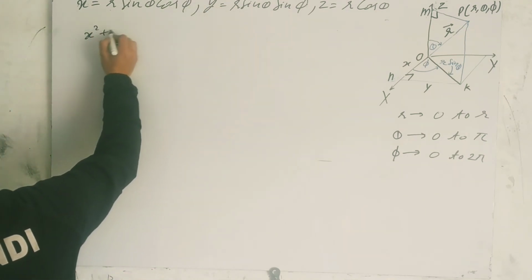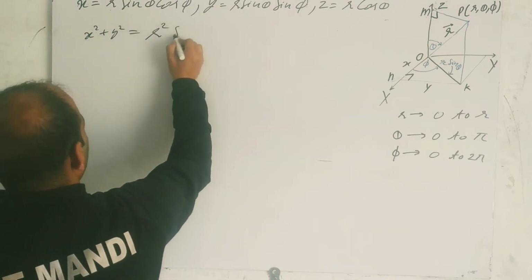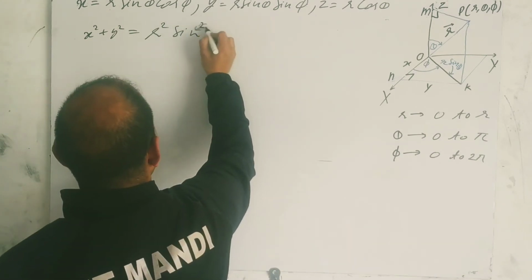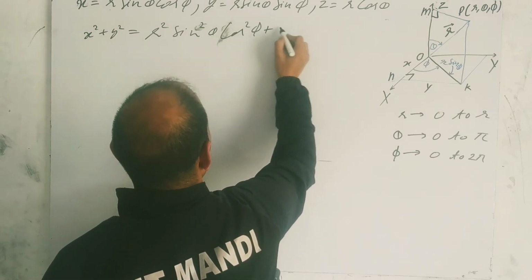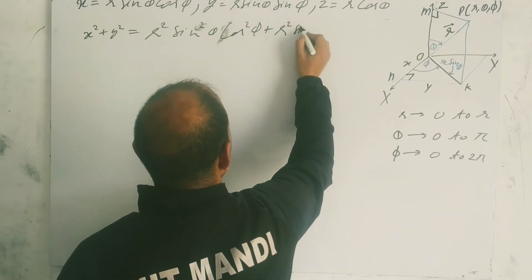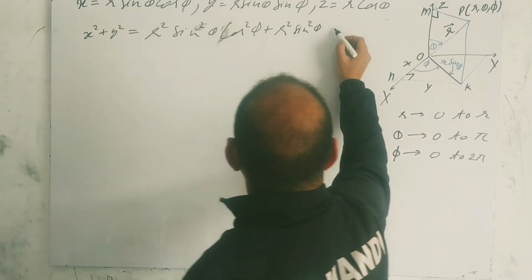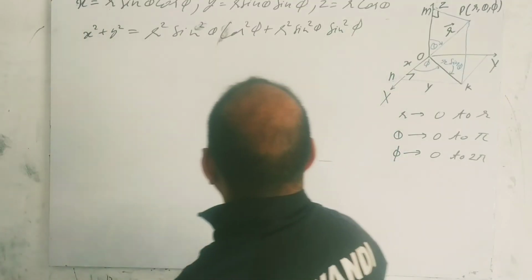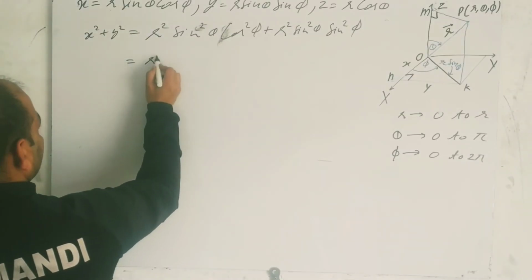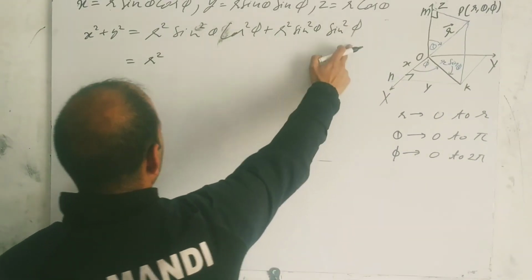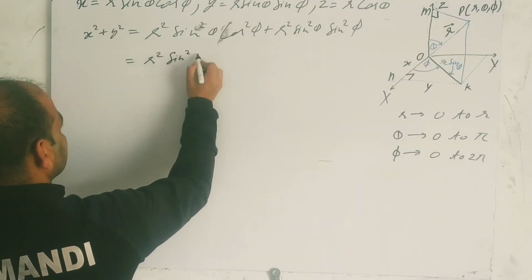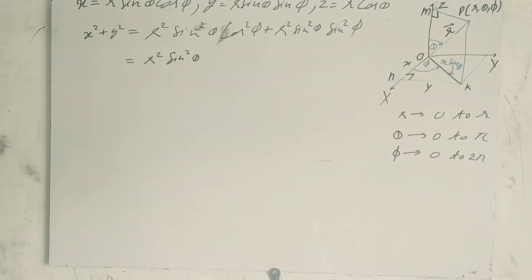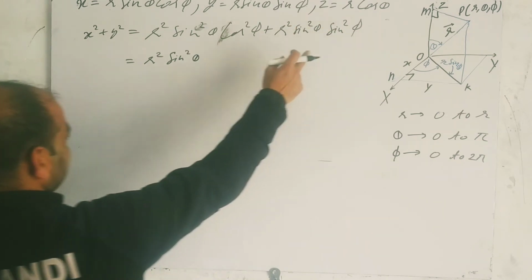That is x square plus y square is equal to r square sin square theta cos square phi plus r square sin square theta sin square phi. Taking r square sin square theta common, cos square phi plus sin square phi left is 1.